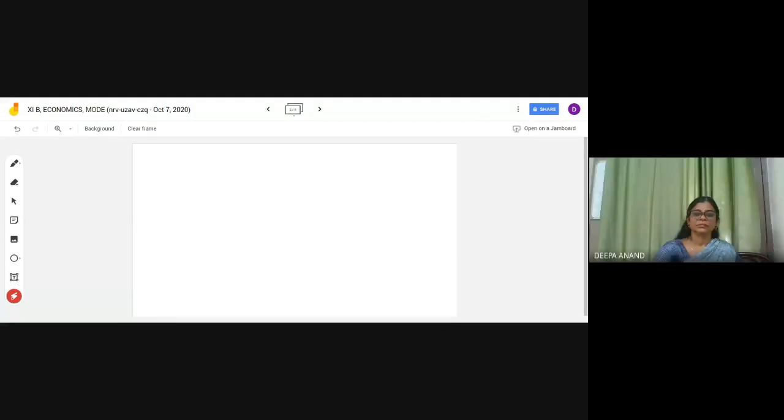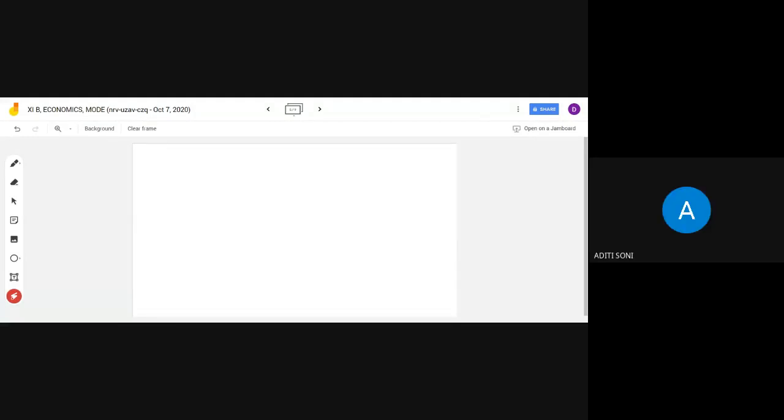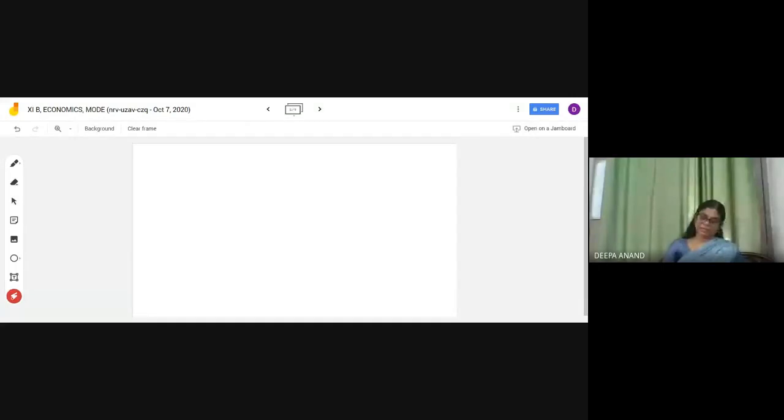Change in total cost divided by change in number of units. Okay, addition to total cost. Exactly. So, in more simple words, it is an addition to the total cost. Every additional cost. Second unit से जब third unit produce करना है तो what is the additional cost involved?